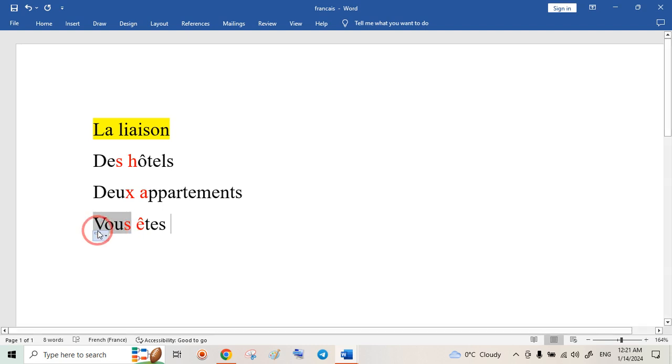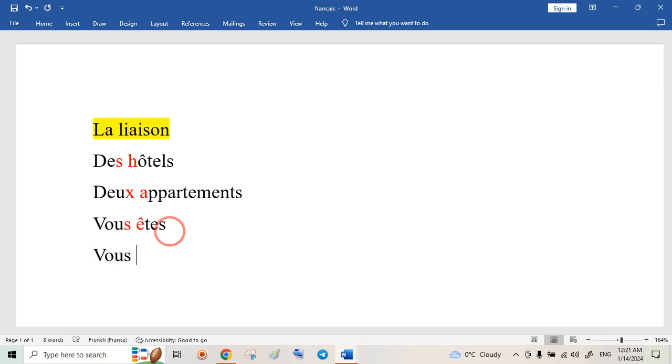Why? Because whenever this rule exists between a subject pronoun and the conjugation of a verb, it is obligatory. Whenever you have the liaison between two things that are not a subject pronoun and a conjugation of a verb, it's not necessary to do the liaison. It is your choice. But whenever this rule exists between a subject pronoun like vous and a conjugation of a verb like être, it is completely necessary.